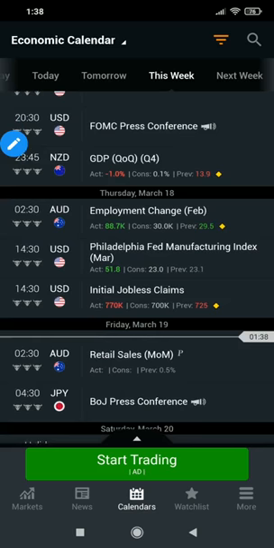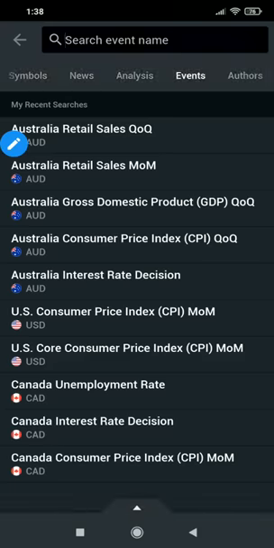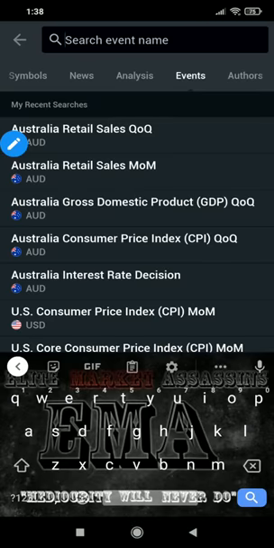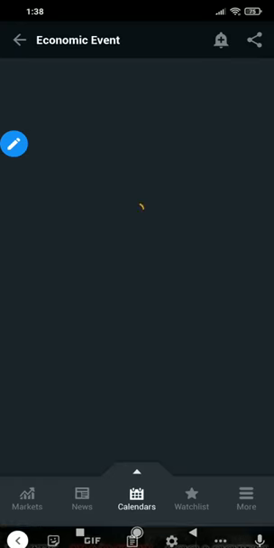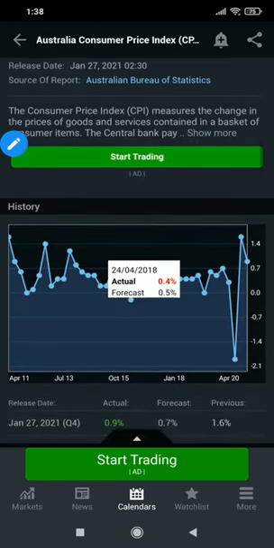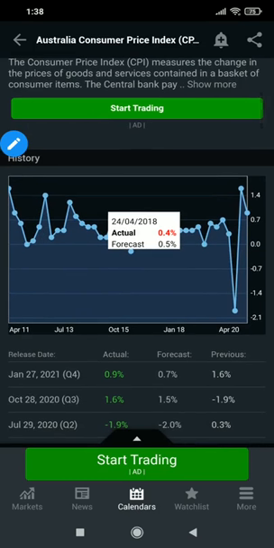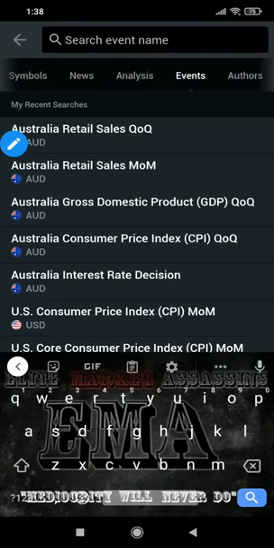So even the retail sales for AUD which are about to come, we might search, but then the CPI has been long overdue, because this is the QQ. The CPI was released in January, and the retail sales usually follow the CPI.